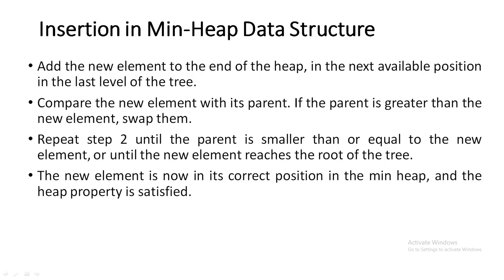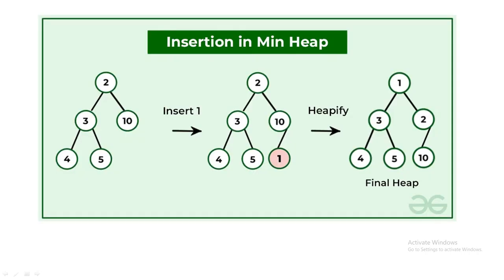If the new node is greater, we need to swap with the minimum node at the next level. This process is repeated until the heap property is maintained. This is the insertion. For example, if you insert 1, it is inserted as the left child of 10, but the property is violated, so we need to swap the 10 with the 1.